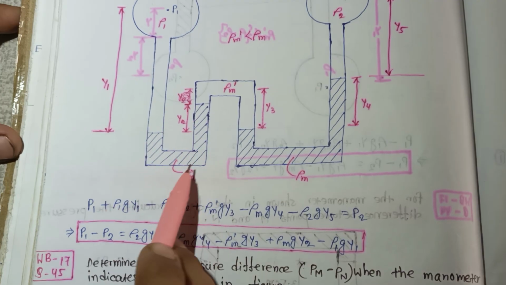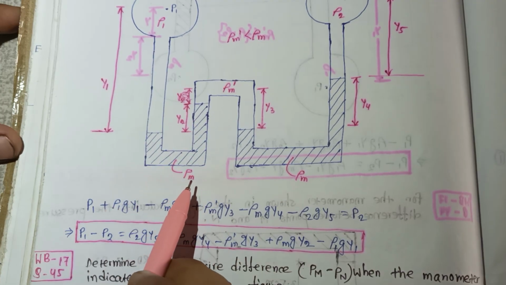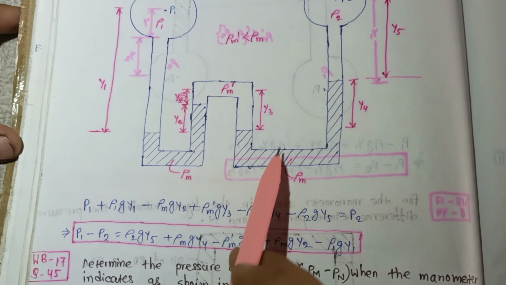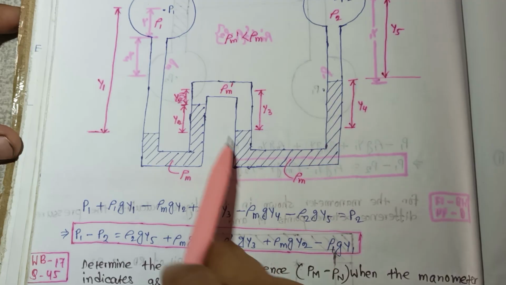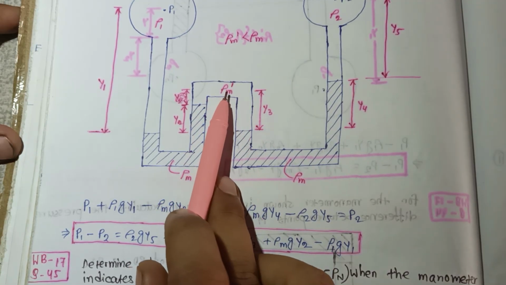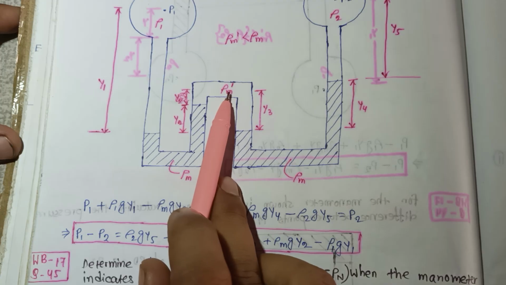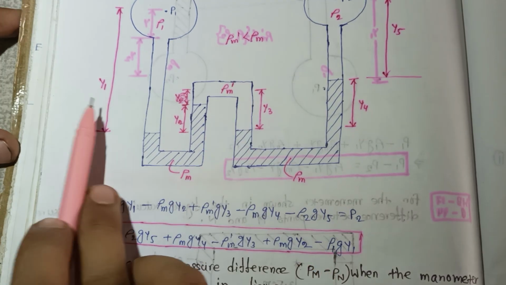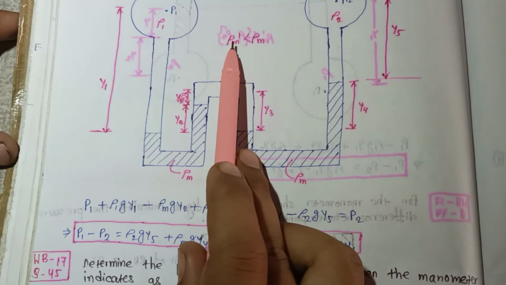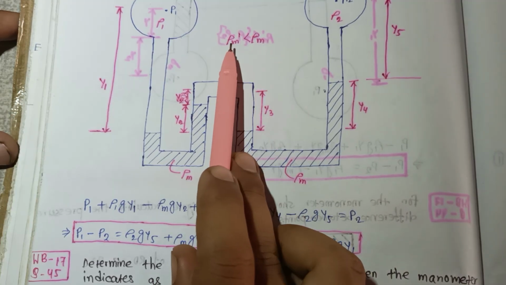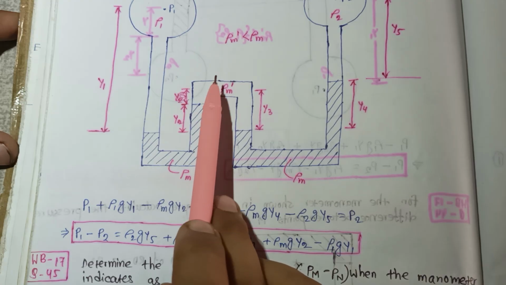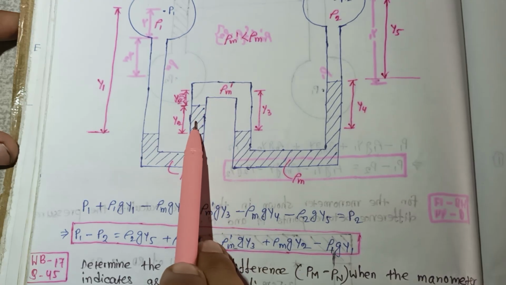Here there is one manometric fluid with density ρm, and in between, here also a manometric fluid, another one, with density ρm dash. All the dimensions are given. In this case ρm dash is less than ρm, so the density of this manometric liquid is less than the density of this liquid.